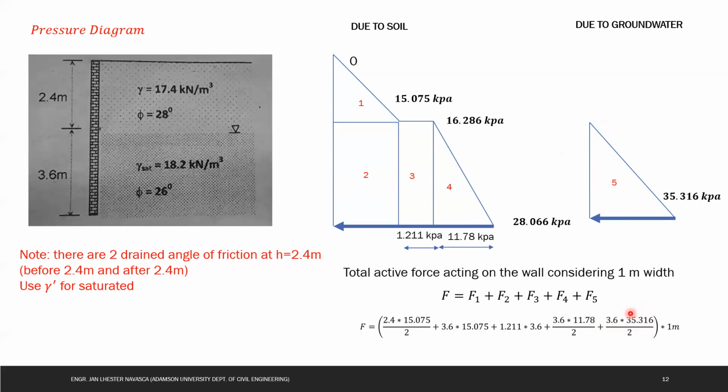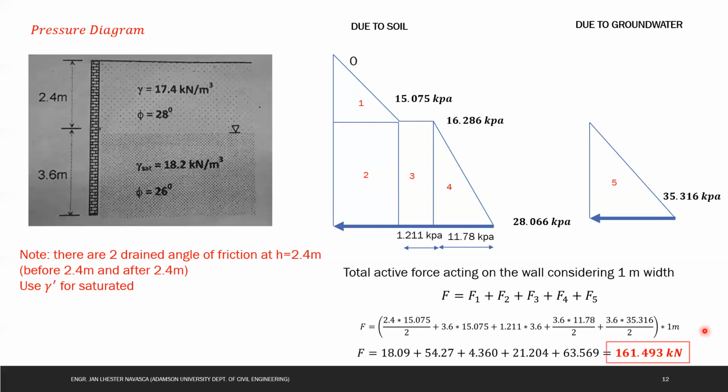Considering 1 meter width, you have a total force equal to 18.09 for F sub 1, 54.27 for F sub 2, 4.36 for F sub 3, 21.204 for F sub 4, and 63.569 for F sub 5.